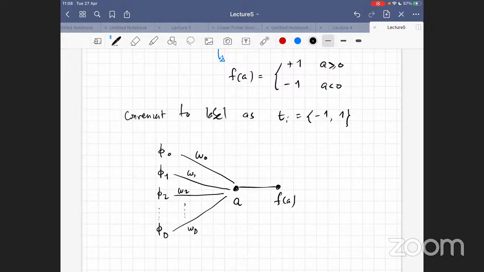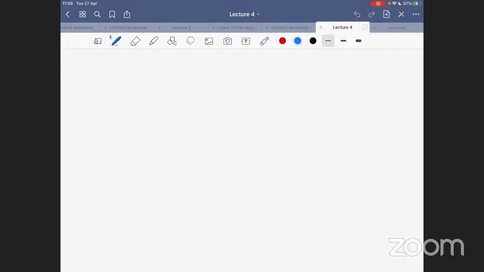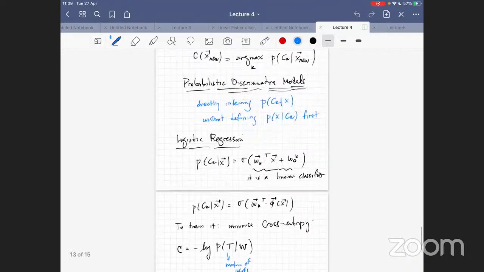And so this actually reminds you quite a lot of the structure of a neural network, but also logistic regression, which, if you remember from previous lectures, I don't know if it was lecture 4, probably. Let me just go back to lecture 4 at the end of the lecture.